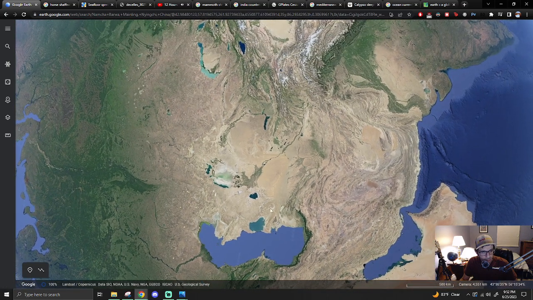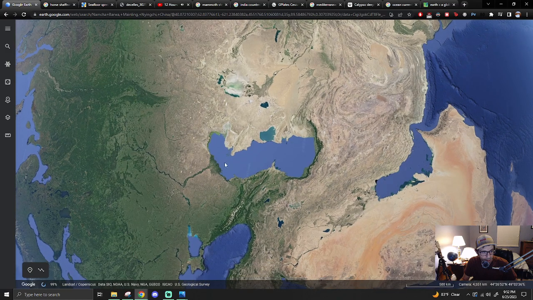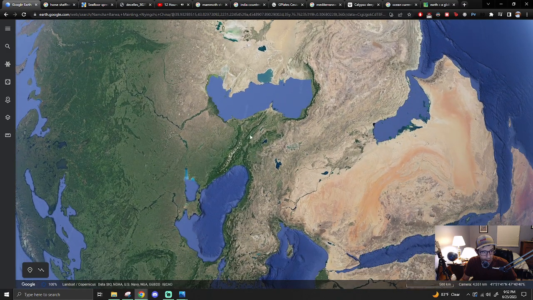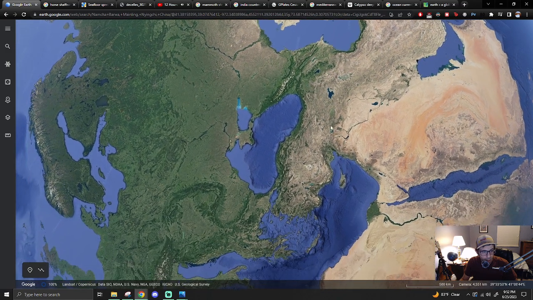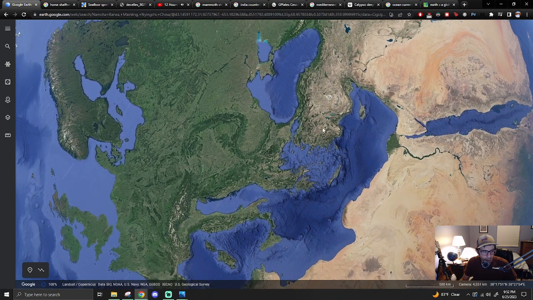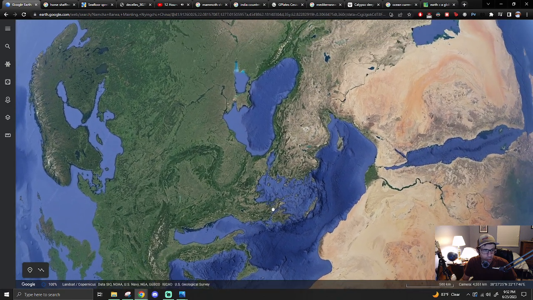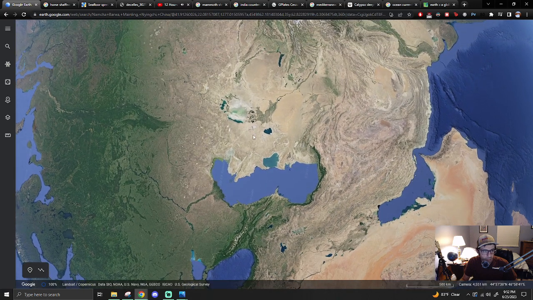Then there's another one here that bends here and goes down here. Goes across, maybe. Like right there, we can really see it.